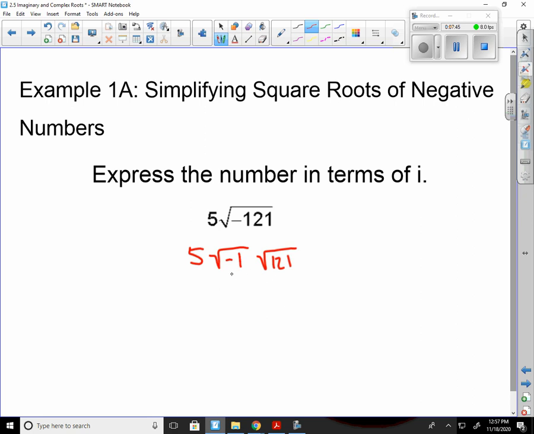Now if I take the square root of negative 1, we just learned that that gives us i. So it would be 5i. And then the square root of 121 is just 11, because 11 squared is 121. So I have 5i times 11. I can still multiply my real numbers by each other.